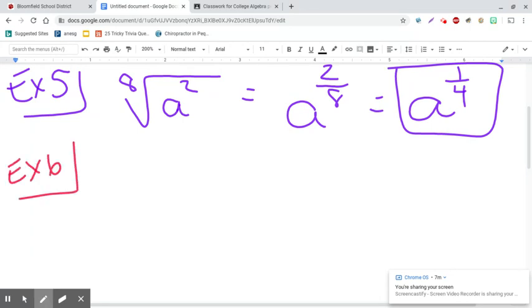Example 6. Let's go with x to the 9, to the second power. All right, so what's our base? An x. What power is the x to?